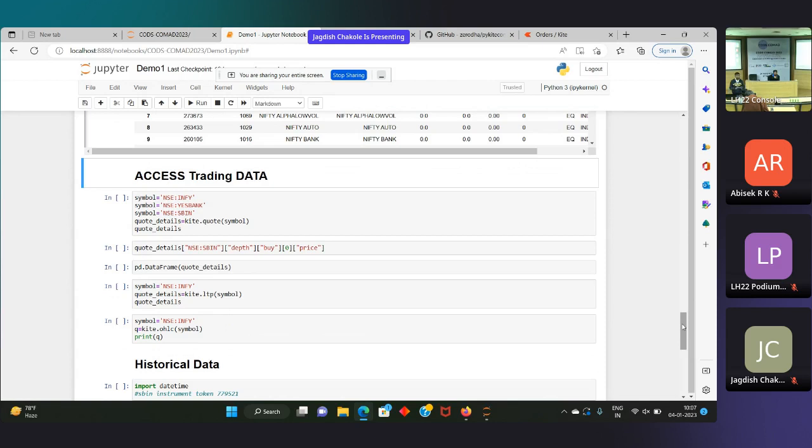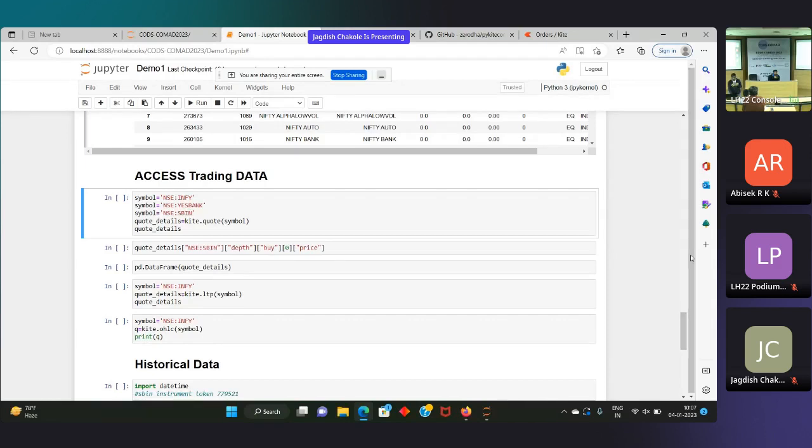The smallest frequency is 1 minute for historical data. For live data, we can get tick by tick data, meaning every time the price changes, I get that price, along with the parameters attached to it: if the last transaction is this and this is the price, then how many stocks are sold and bought. All that information we get.